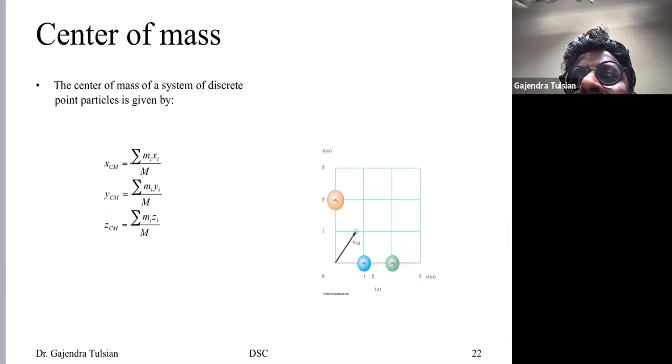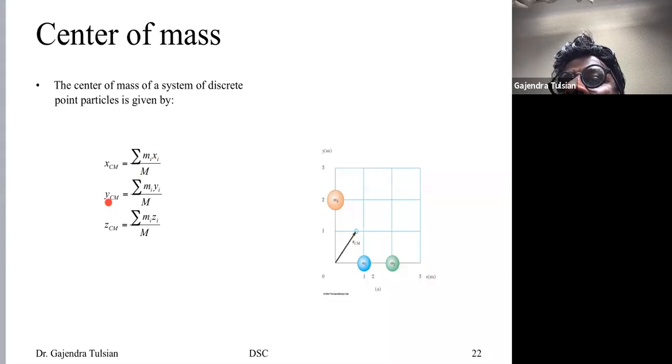Now, what this is showing you is, for these 3 particles, the center of mass is there. So the center of mass of a system doesn't have to be inside an object. It can be outside. And here's how you find the x coordinate of the center of mass: it's the sum of each particle's mass times its x coordinate, divided by the total mass.